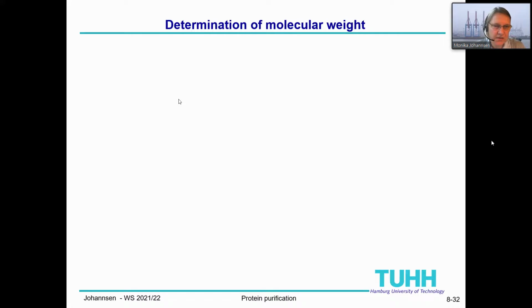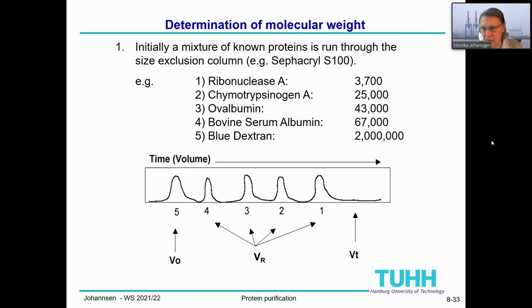So what needs to be done in order to determine the molecular weight here? First we need to calibrate our system. For that, we will inject a mixture of known proteins and run it through the column. The mixture can, for example, be this one. We need something with a very small size, and a very large one. The large one here is the blue dextran, which gives us the V0.